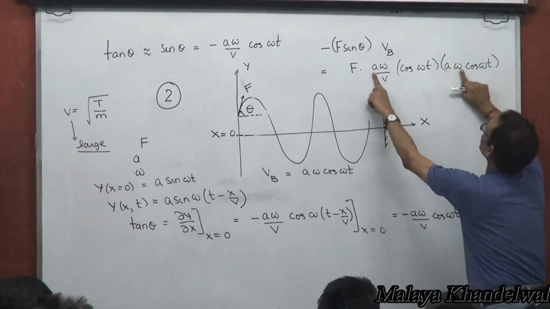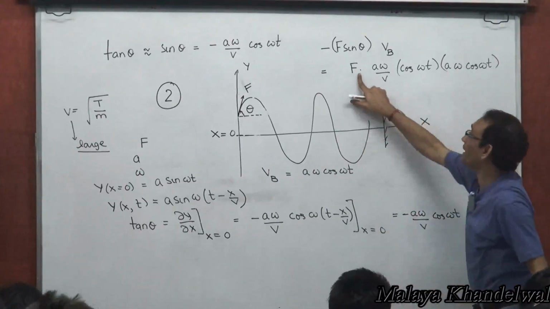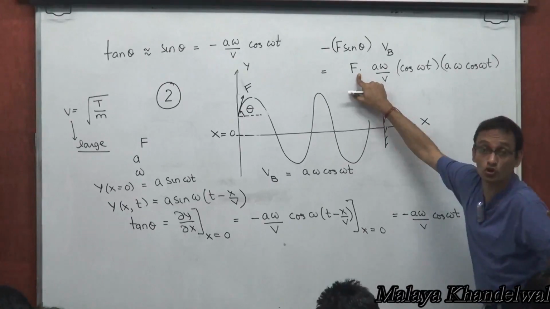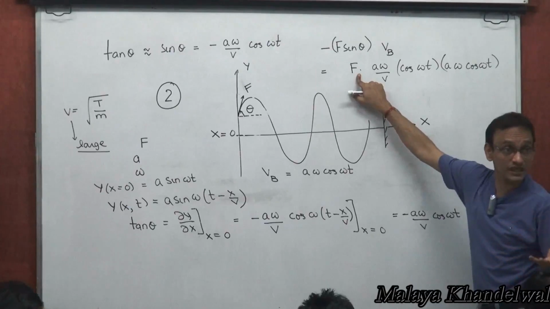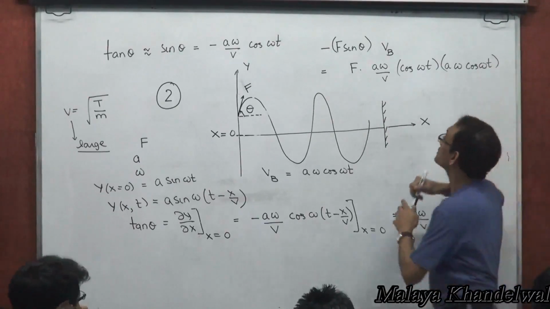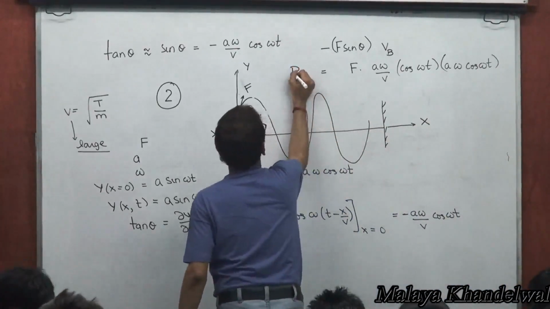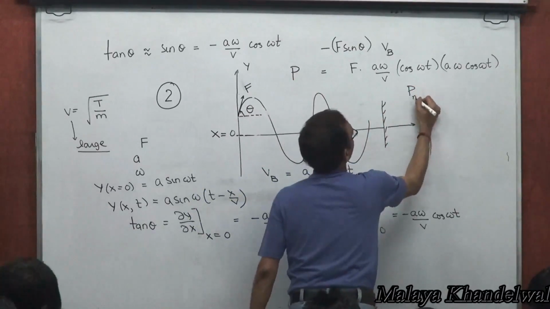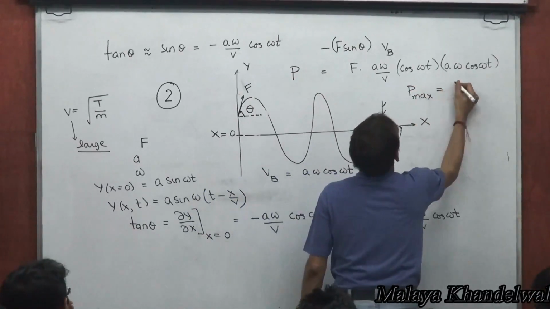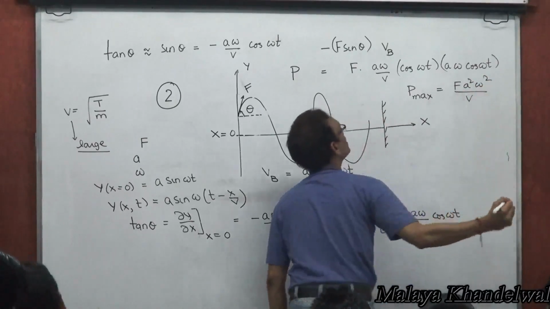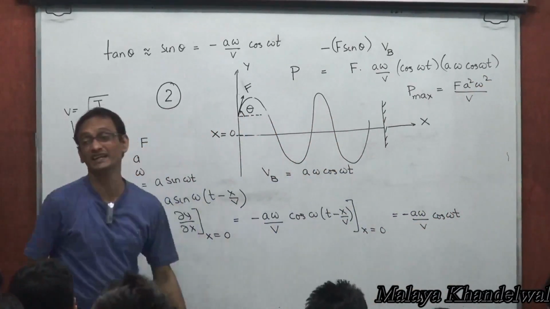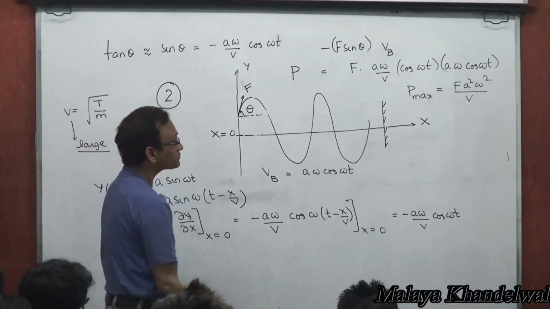That means a squared omega squared by v into F is the maximum power. Power is a function of time in this case, and the maximum power P max transferred to the string is F a squared omega squared by v. That happens at all times when cos omega t is 1, right?